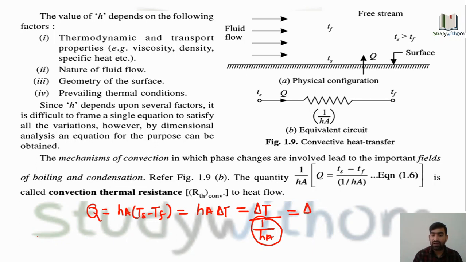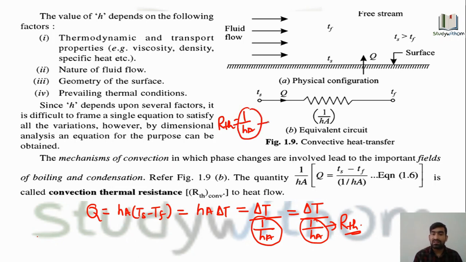So suppose you are analyzing this with the analogy of Ohm's law, then it will be delta T upon 1 upon HA, and 1 upon HA is called R thermal. So in case of convective heat transfer, R thermal is 1 upon HA.